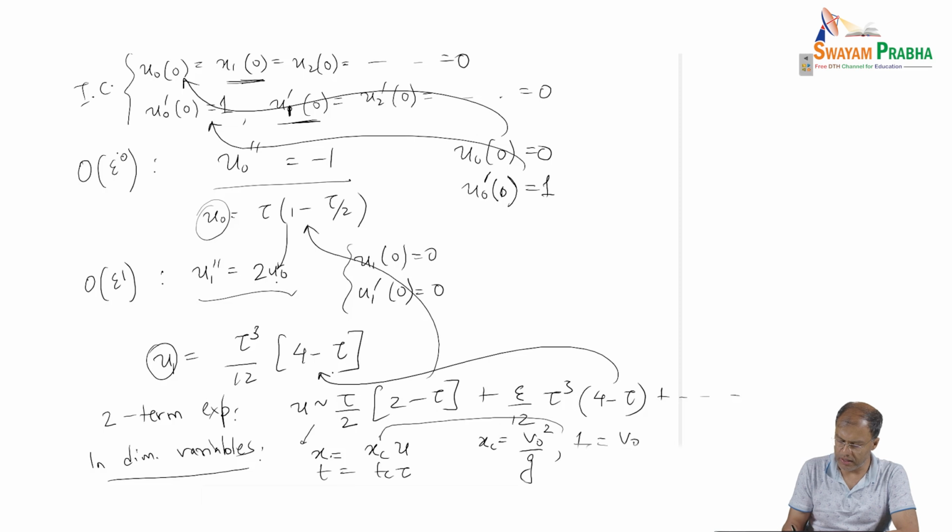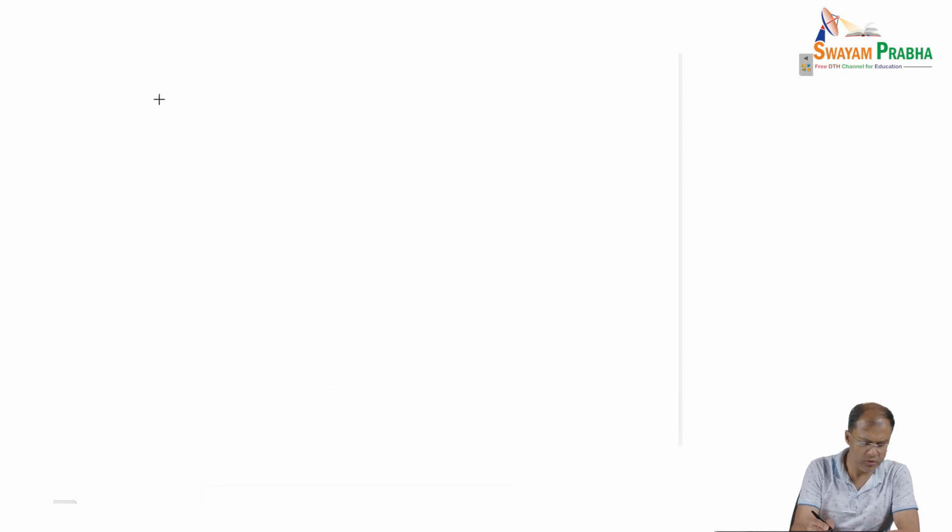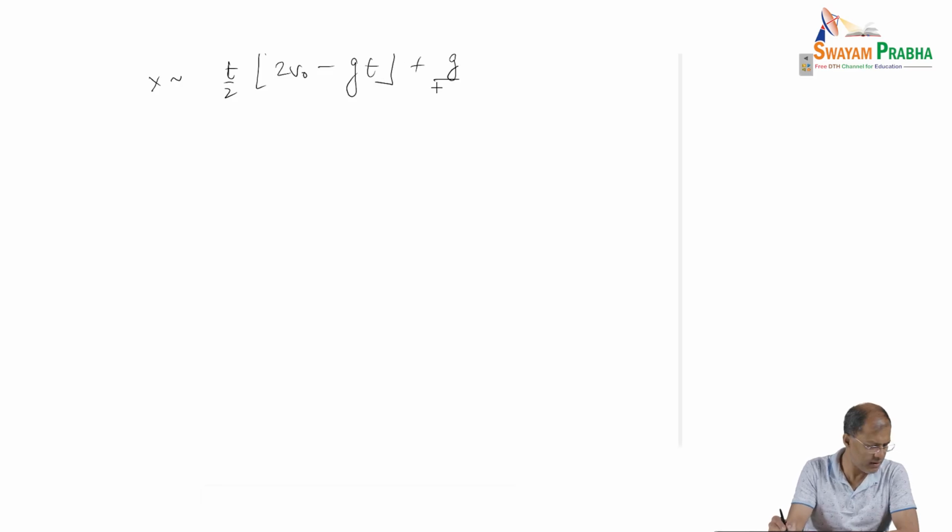And if we plug all these in, we are going to get the following form of the solution. My solution x comes out to be t by 2 times 2 v naught minus gt, plus g by 12 r t cube times 4 v naught minus gt, right?